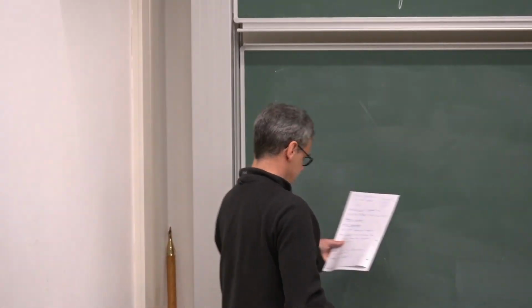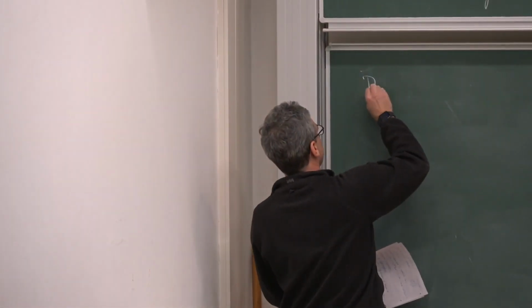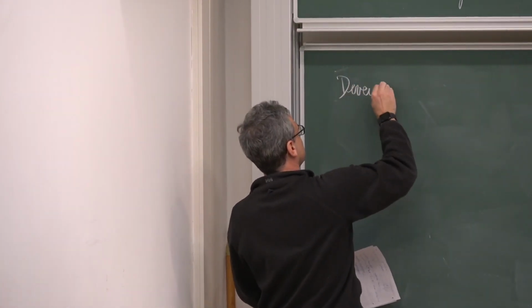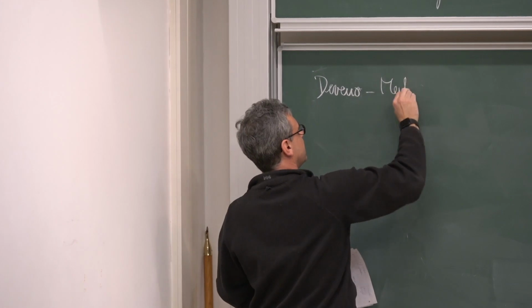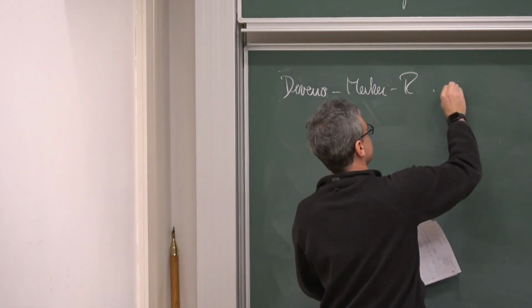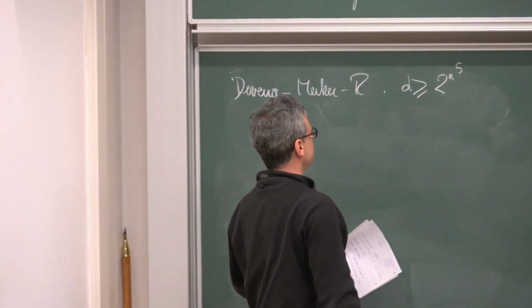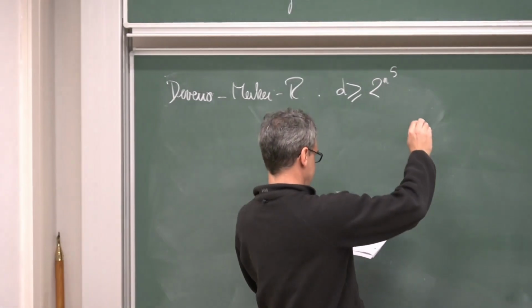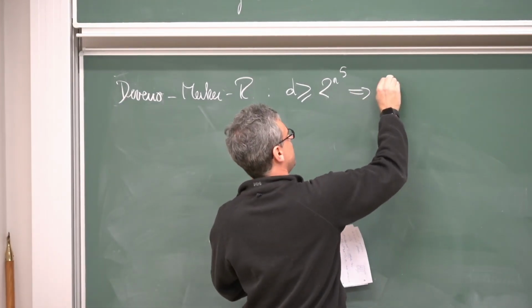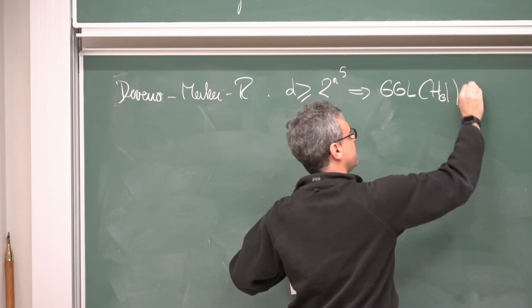So with Diverio, Joel, we proved that for some effective, so now it's any dimension, we proved with some effective bound, then we have the Green-Griffiths version.